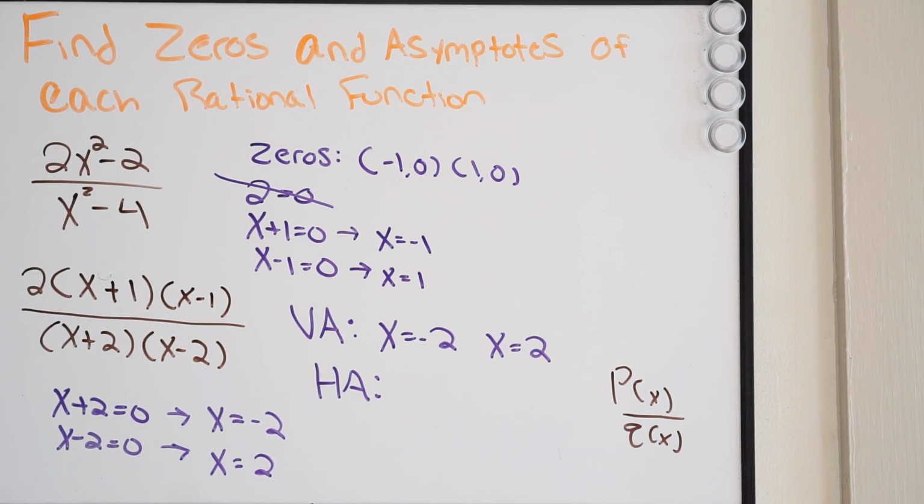So go back to your rules. If they both have the same degree, that means it's going to be division. Alright, and whatever you get there, that will be where your horizontal asymptote is occurring. So my coefficient in front of this x squared is going to be 2. My coefficient in front of this x squared is 1. So 2 divided by 1 is going to be 2, meaning that's where my horizontal asymptote is occurring, at y equals 2.